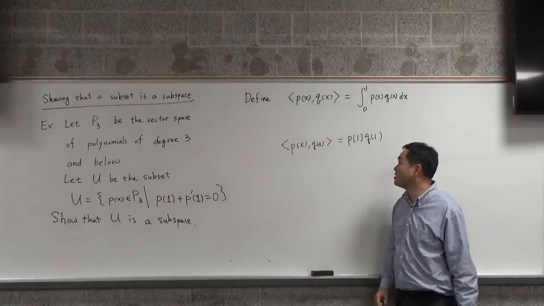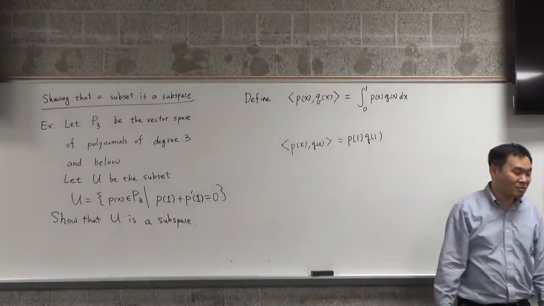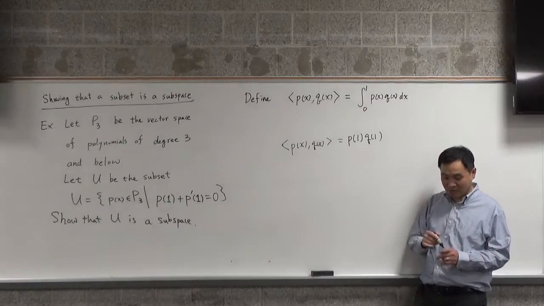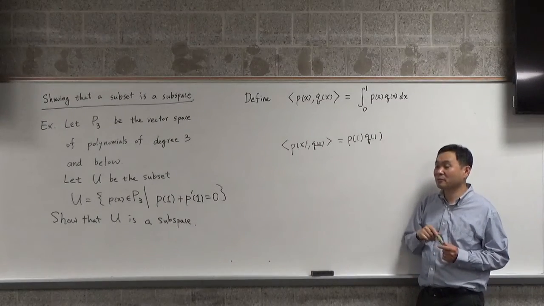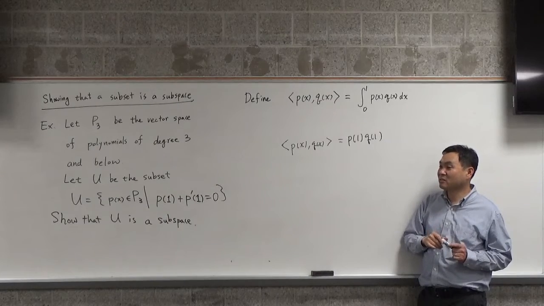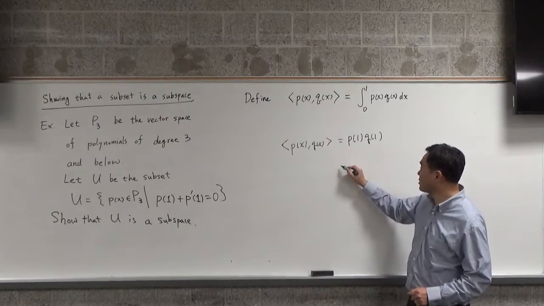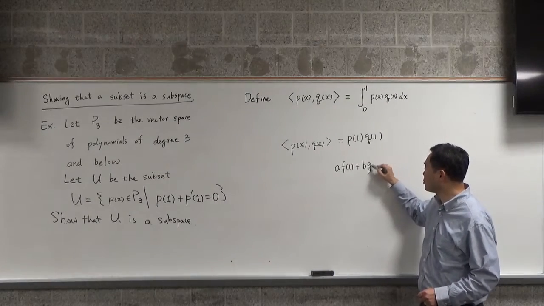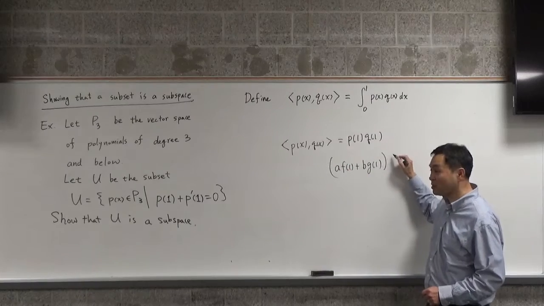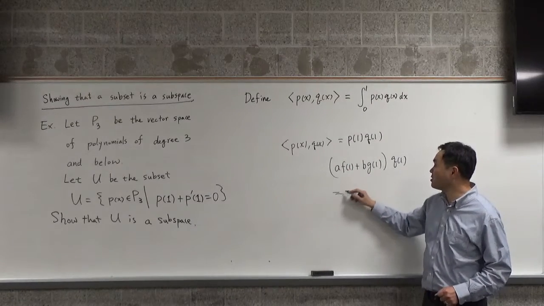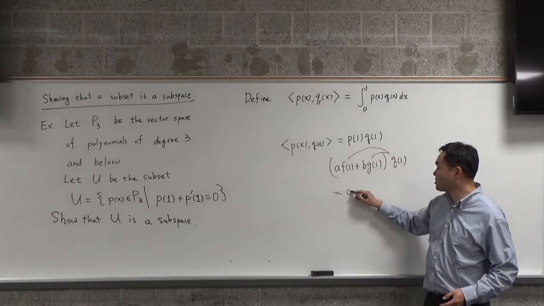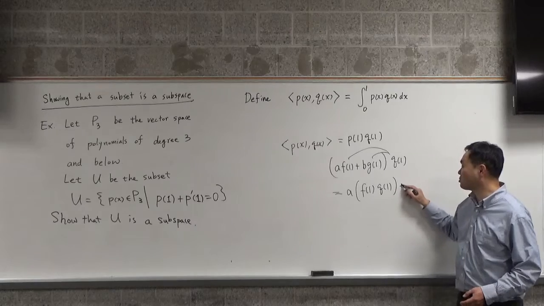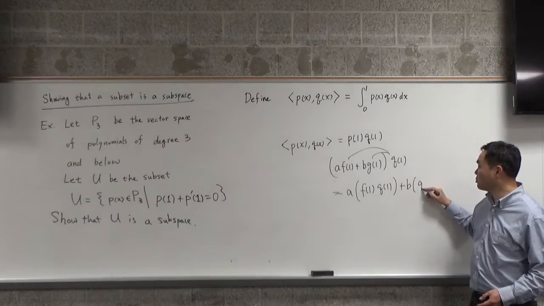So here's a question. If I define the inner product of p(x), q(x) like that, is that an inner product? First, is it symmetric? Yes. Is it bilinear? Yes, it is, because if you have a times f of 1 plus b times g of 1 plugged into p1, then you can just distribute it and say this is a times f1 q1 plus b times g1 q1.